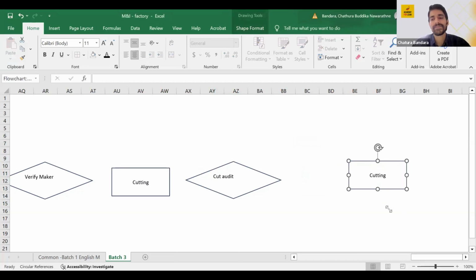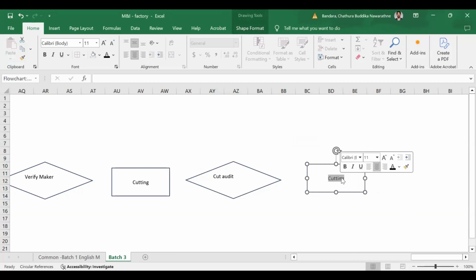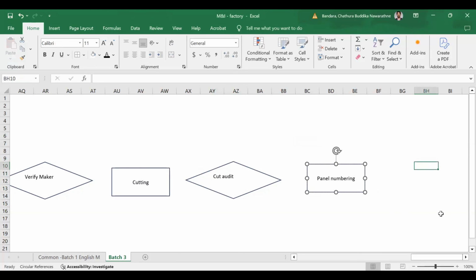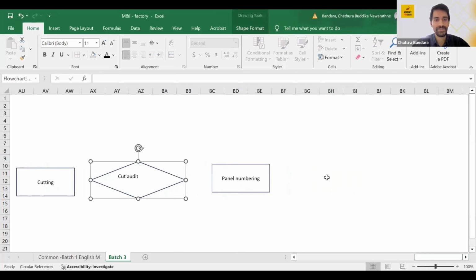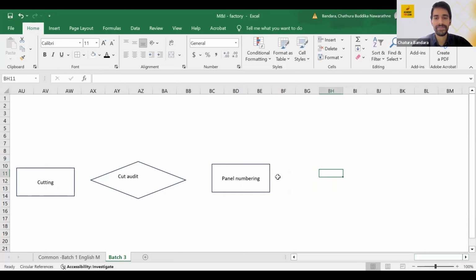Then you said numbering, right? Yes. After numbering, then bundling.